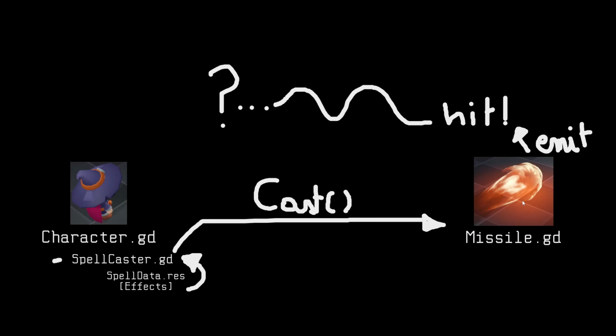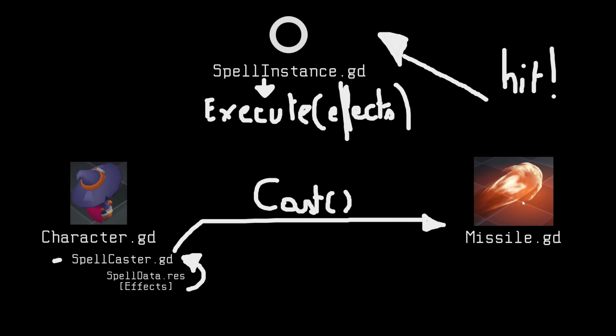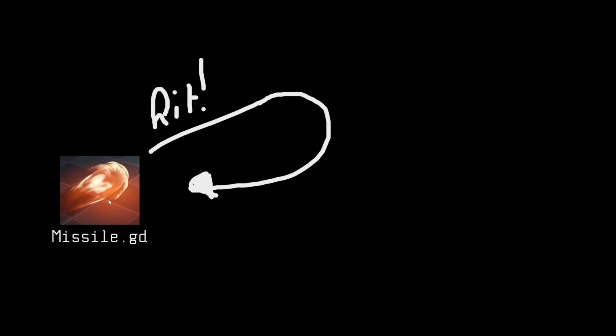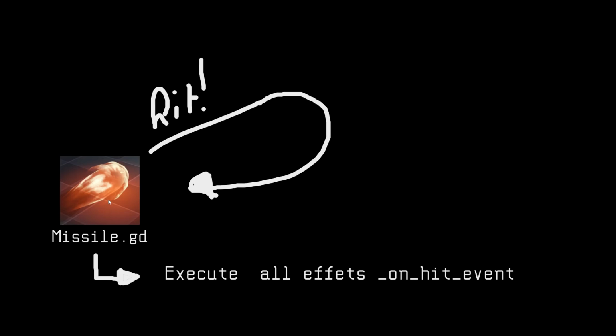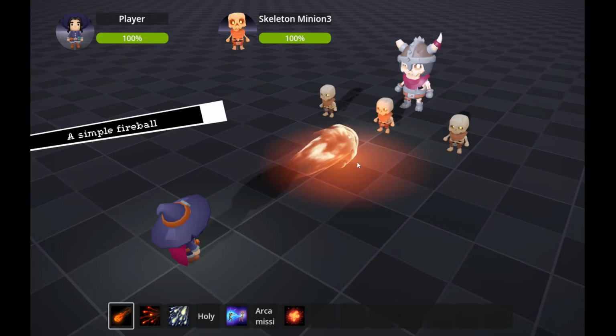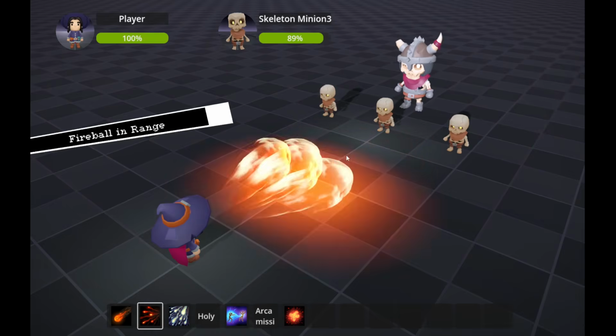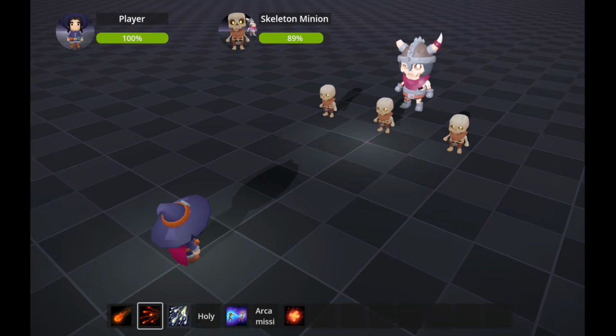I had built an intermediate layer, a spell instance, to link spawned objects back to their effects. But it was heavy, hard to debug, and left nodes floating around with no clear ownership. The solution: if an effect should trigger when a projectile hits something, that logic needs to live inside the projectile itself. Now it's time to show you some spells, some real examples.